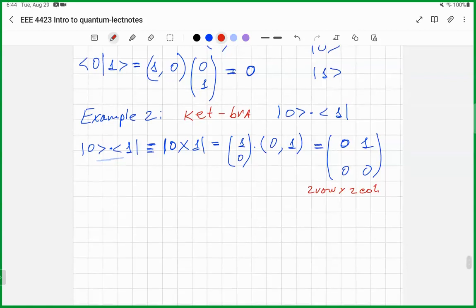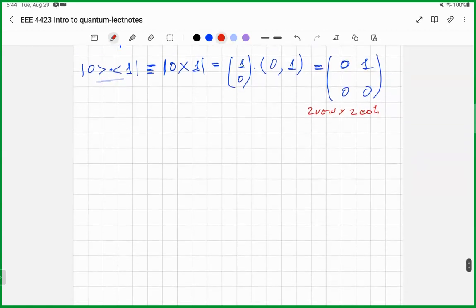in quantum field. So the next topic, and we're gonna just start it today and continue next week, is matrices and matrix operations. Matrices and matrix operations.